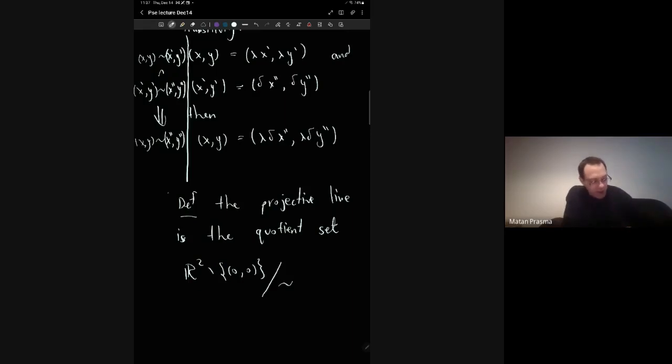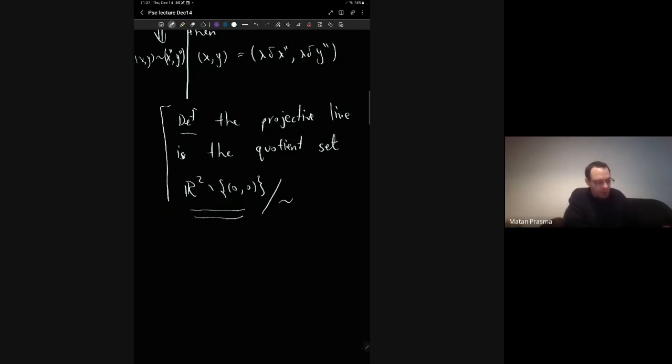What's happening here is that on the original set, I have not an algebraic structure, but a geometric structure. And this equivalence relation induces a geometric structure on the quotient set.